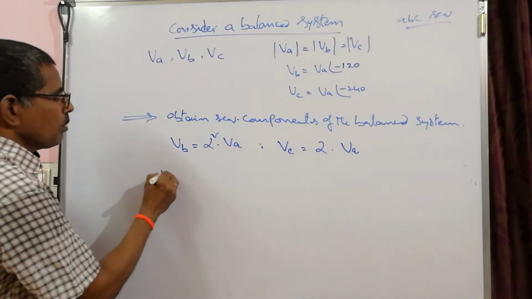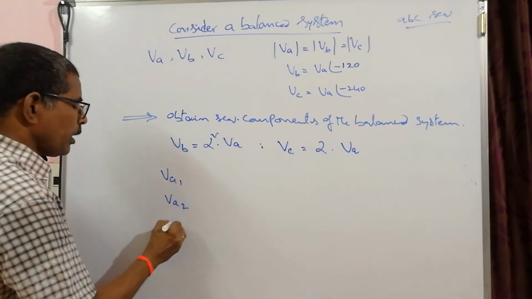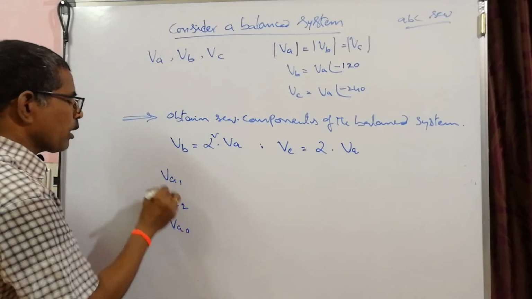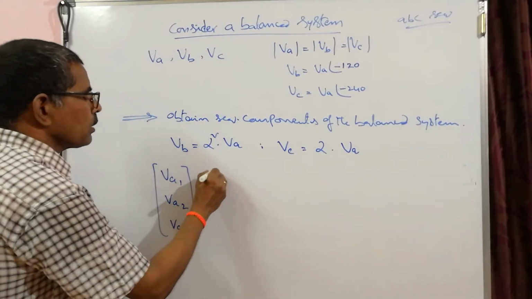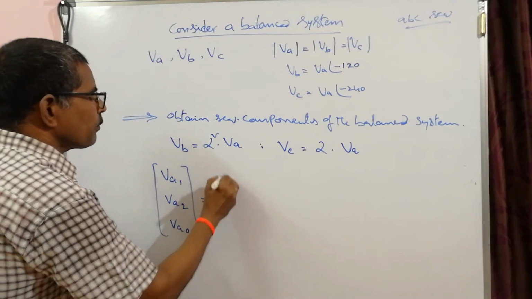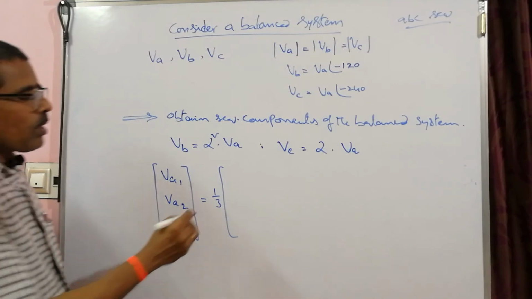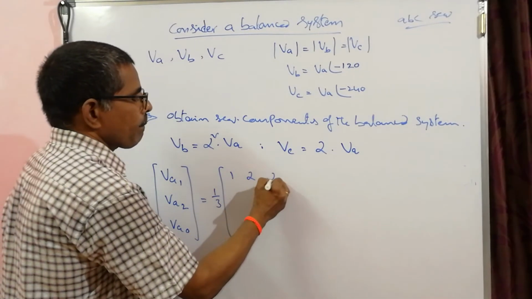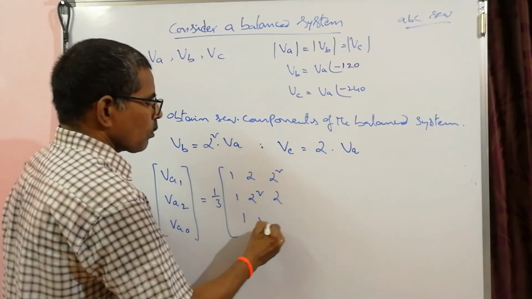So VA1, VA2, VA0, what is this? It is 1/3 of the matrix with rows 1 alpha alpha square, 1 alpha square alpha, 1 1 1.